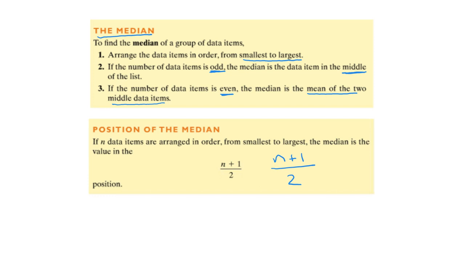For instance, if we have an even count of 6 numbers, I would take 6 plus 1 divided by 2. This will give me 7/2 or 3.5. So as my numbers are listed from smallest to largest, I would look at the third number and the fourth number and find the average of those two numbers to give me my median.